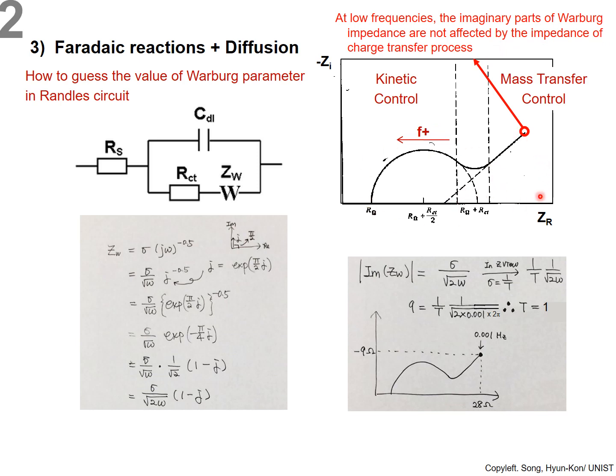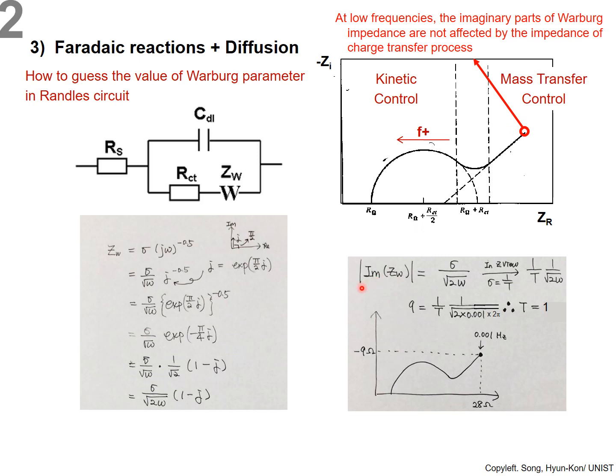So at this region, charge transfer resistance or impedance is going to zero.